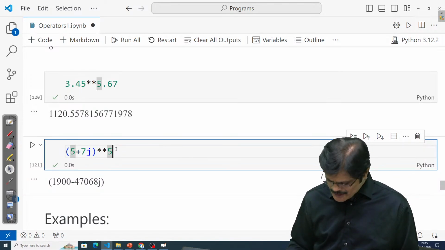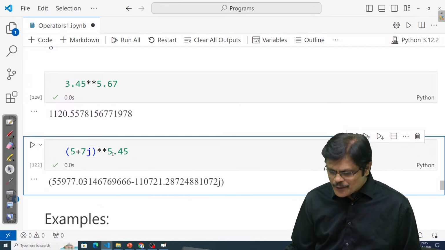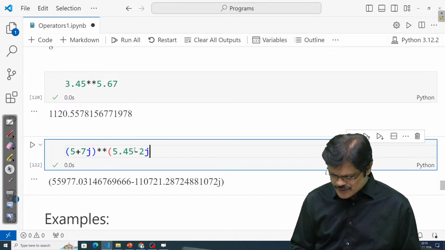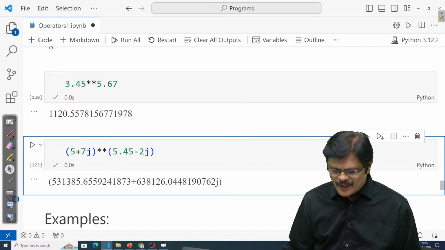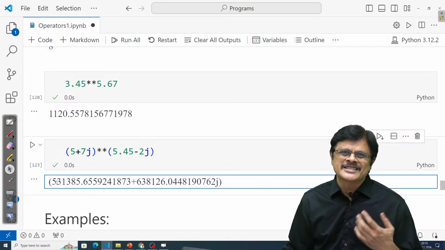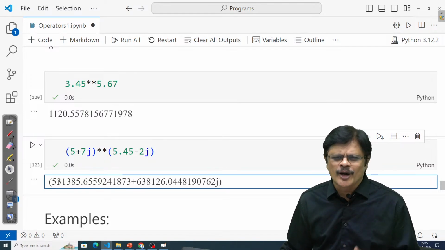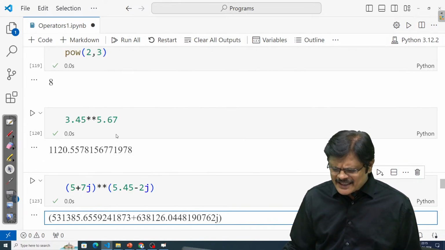You can also have fractional power of it. You can also raise it to the power of complex number. How exactly it works? If you know complex arithmetic, then you can easily understand this, my dear friends. It is all about complex arithmetic, nothing more than that. So there is nothing to expect here, sir.